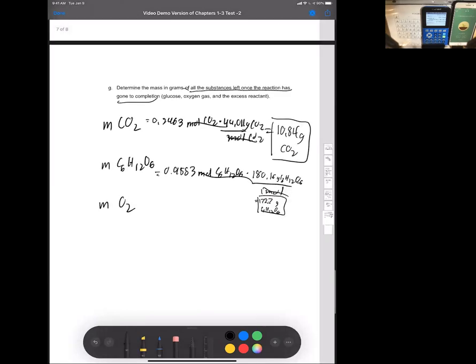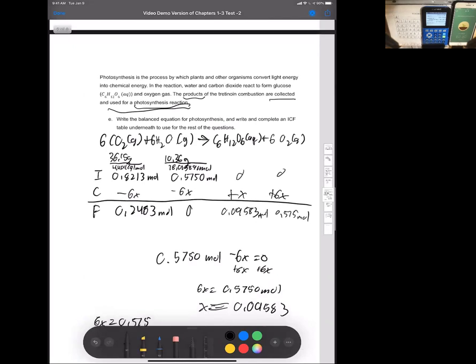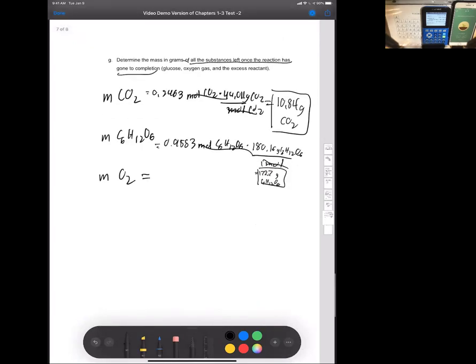The last one is equal to 0.575. So 75 moles times 16.00. Oh, wait, that's definitely wrong. So it's 32 grams.